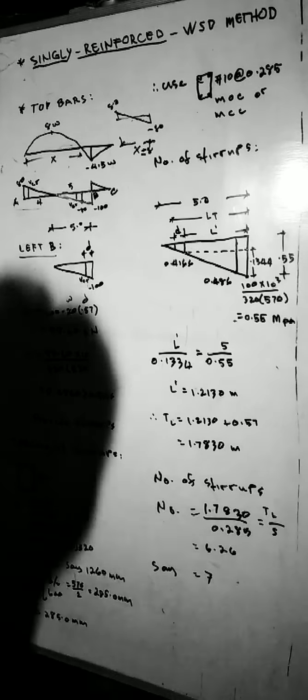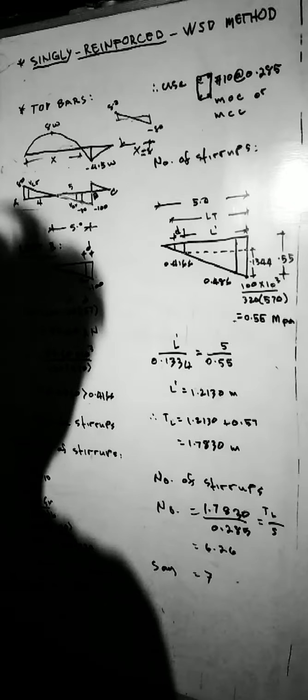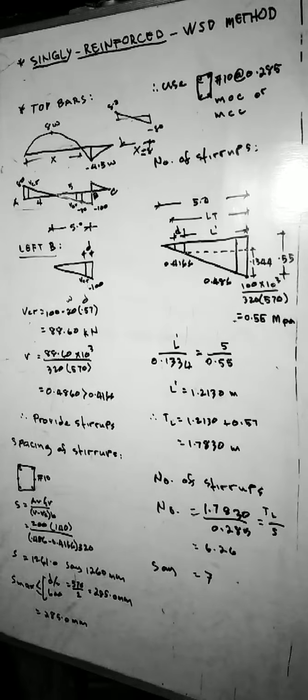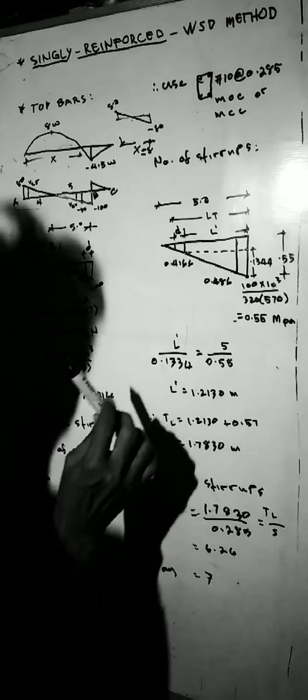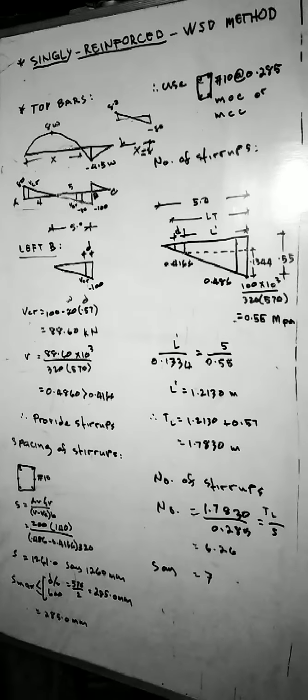We have the values of these two triangles. To solve the total length where the stirrups are needed, we take the ratio between the small and the large triangles.